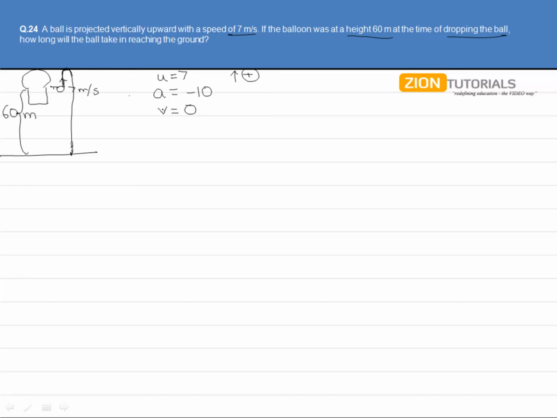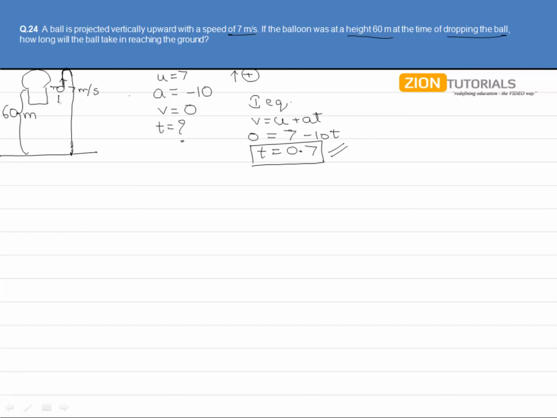So we need to find out the time from this data. Employing the first equation of motion, v equals u plus at. Putting the values in, we get 0 equals 7 minus 10t, giving us time equals 0.7 seconds.